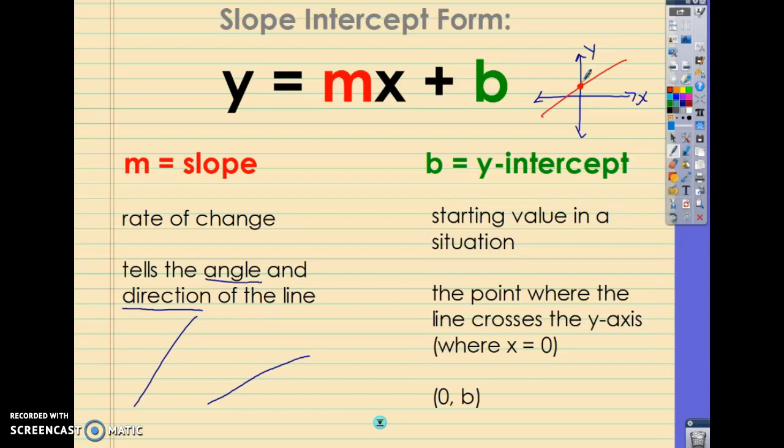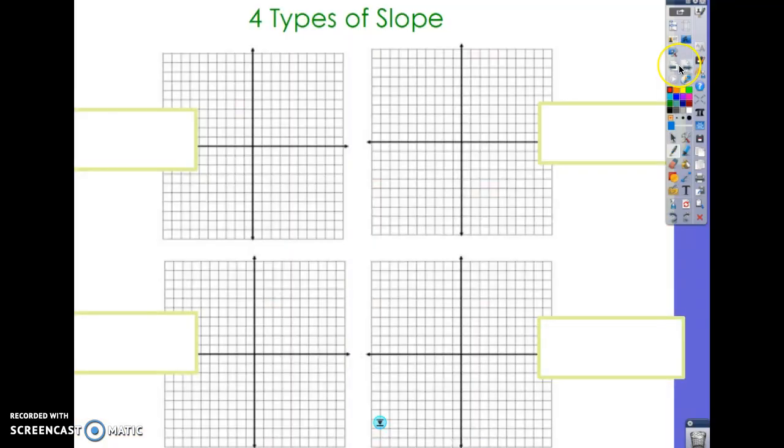So maybe you're saving money and you're starting with the $20 you got for your birthday. The point where the line crosses the y-axis is the same as where x equals 0. So your y-intercept can always be expressed as the point (0, b). So 0 and then whatever your specific y value is.